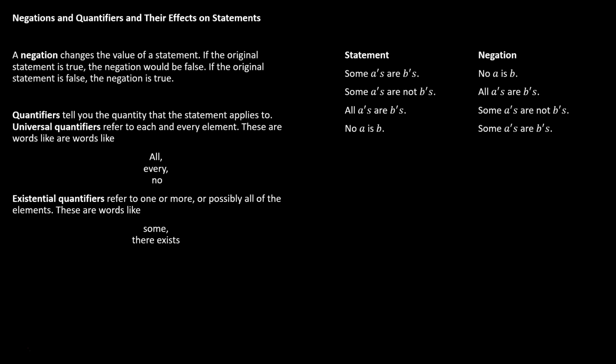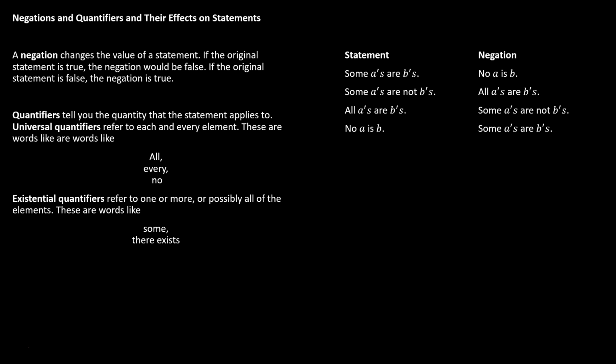Now that we know what statements are, they're sentences that have a truth value, and that truth value could be true or it could be false, but it has to be only one of those. We can talk about how to change those statements with negations and quantifiers. A negation takes whatever value a statement has and reverses it.